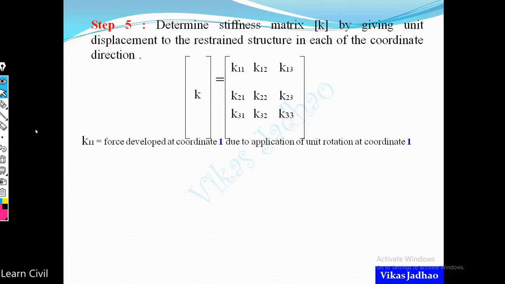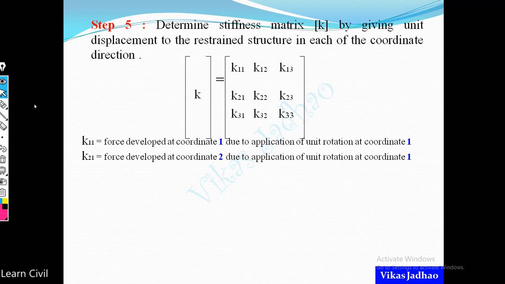Now K11 is the force developed at coordinate number 1 due to application of unit rotation at coordinate number 1, and K21 is the force developed at coordinate number 2 due to application of unit rotation at coordinate number 1. So for determining the values of K11, K21 and K31, we'll be considering our frame like this, and then applying unit rotation at joint B or coordinate number 1.